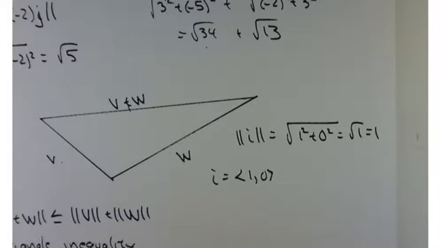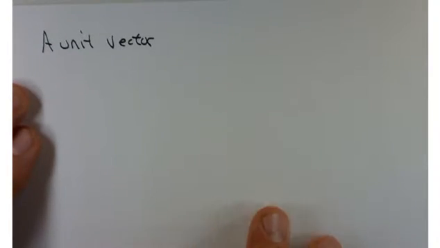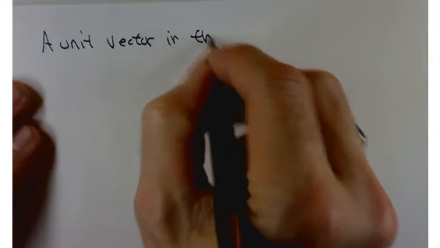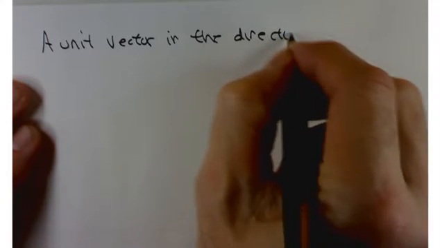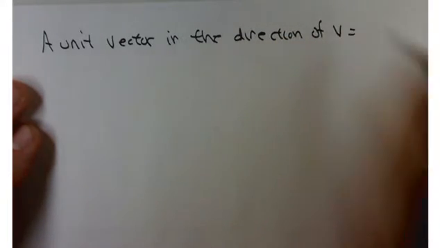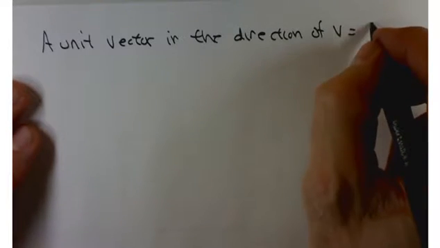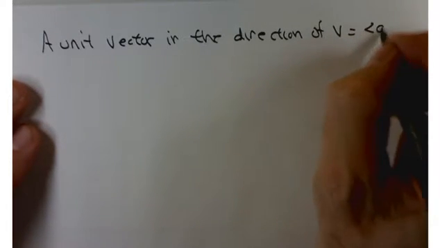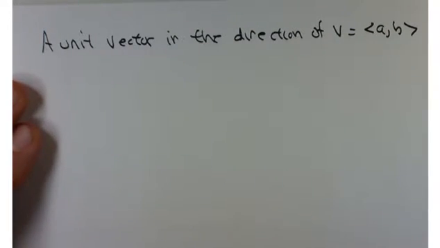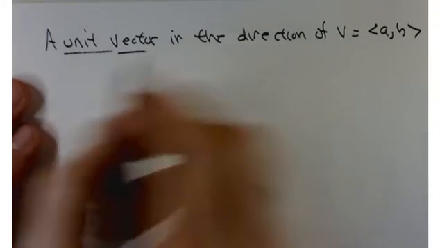So how would you find a unit vector then? Well, let me give you the definition, and then we'll do one. A unit vector in the direction of V, I'll call V, say A and B, this vector, so I'll just give it general coordinates.